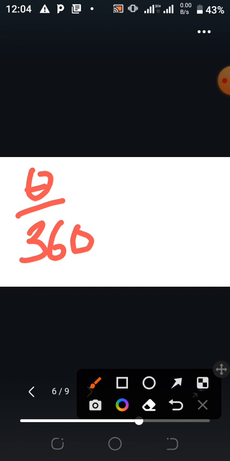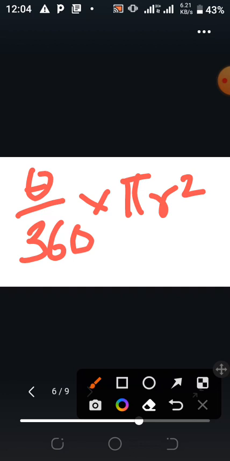Now, remember that our formula for finding the area of a sector of a circle is theta over 360 times pi r squared. Do you understand now?